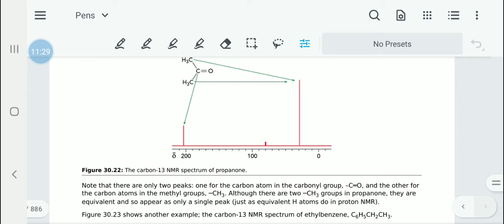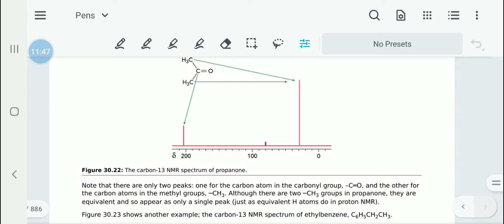Even though there are 2 CH3 groups in the propanone, they are going to be equivalent. So as a result, because it is equivalent, they are going to appear as a single peak.